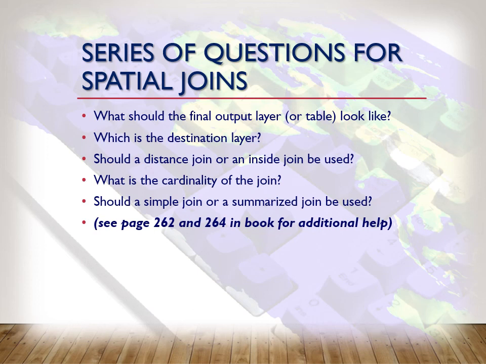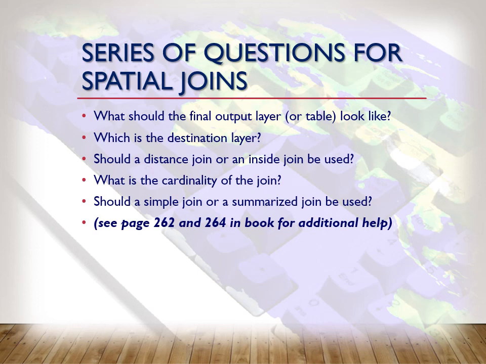As you go forward in your lab, the tutorials will help you with this. The exercises that I will assign will be a lot more loose-ended. So these are a series of questions you might want to ask yourself as you try to figure out what your source is, what your destination is, and what the cardinality is, so you can choose the correct spatial join.